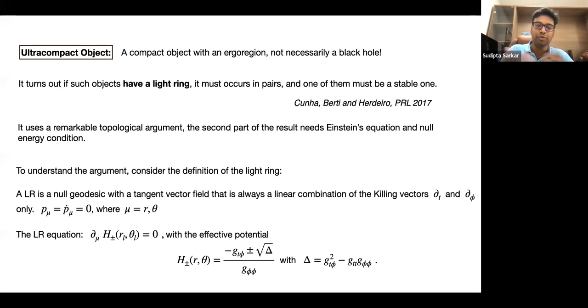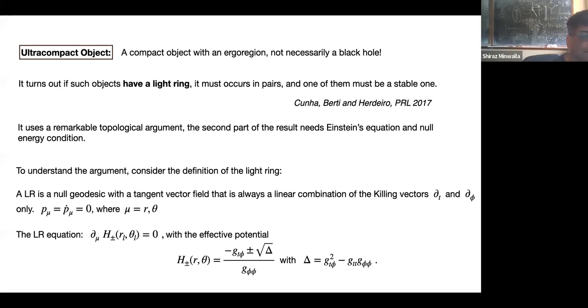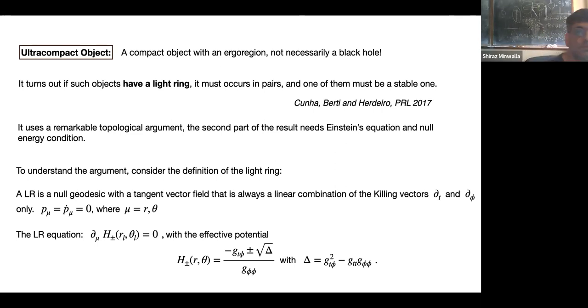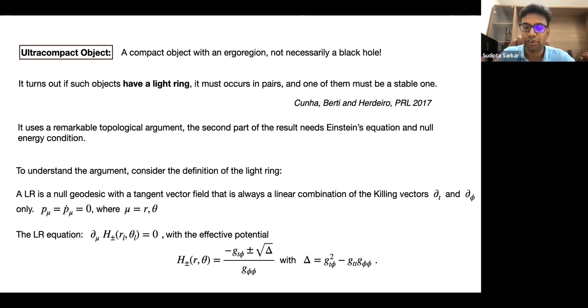If you have a ∂_theta term, I will call that a spherical null geodesic. Whether they exist or not is a separate question in a given spacetime. But now I will only talk about the light ring.